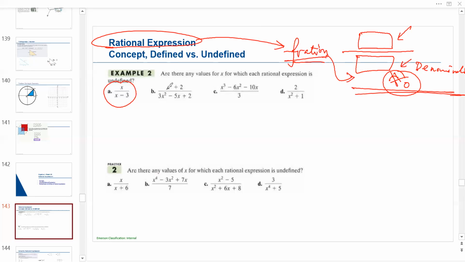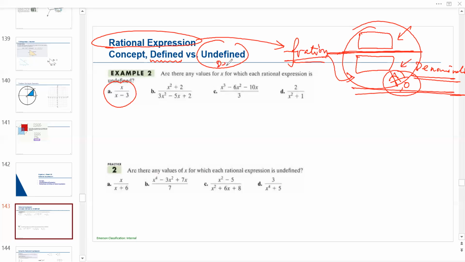It means when the denominator equals 0, this fraction does not make sense, right? The denominator cannot be 0. When it becomes 0, it's undefined.